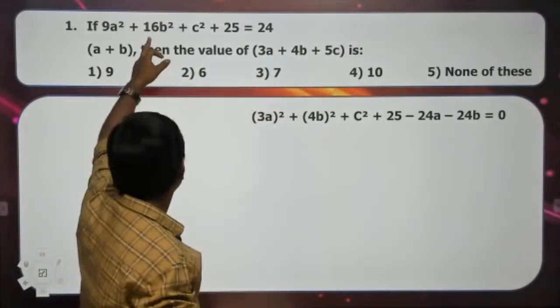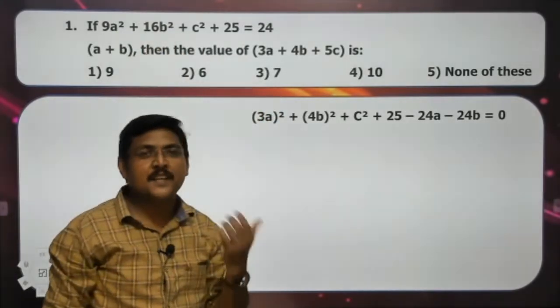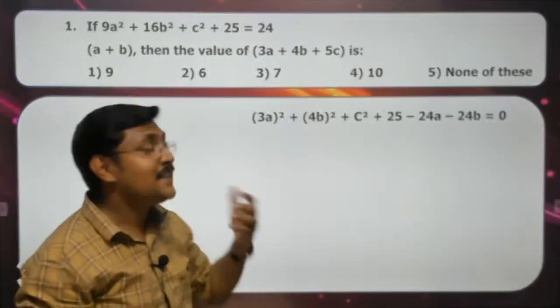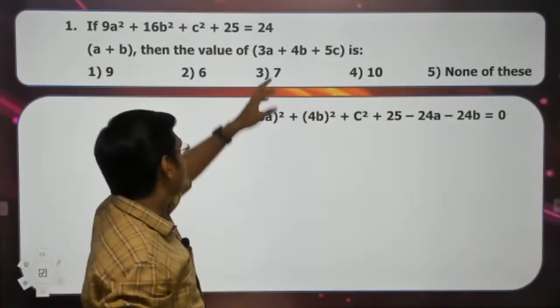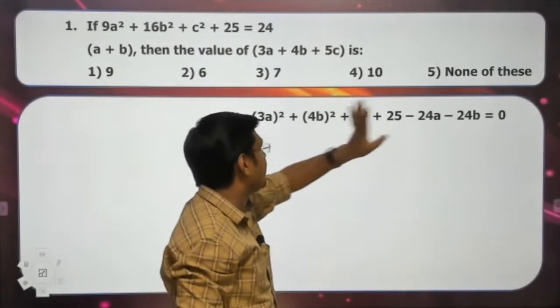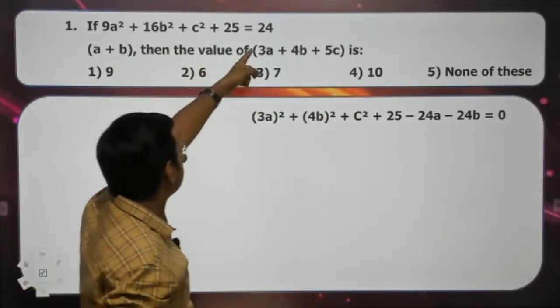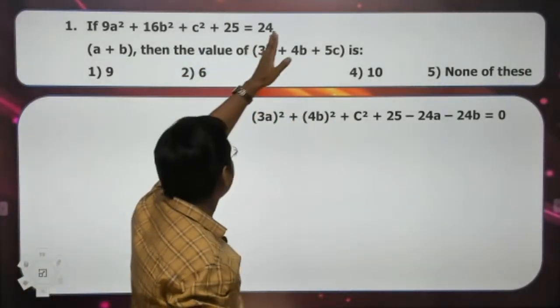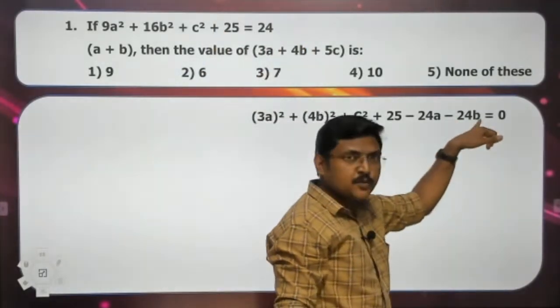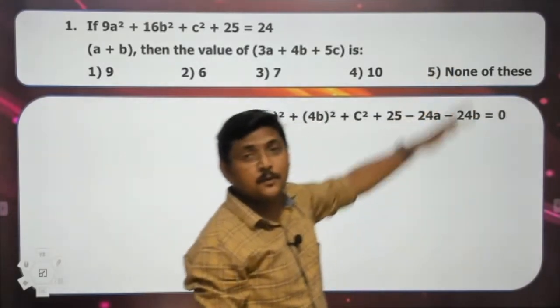Similarly, 16b square: 4 square is 16, so we can write 4b the whole square. I am writing c square as it is, and the 25 here. Opening 24a plus 24b and taking it to the left hand side, it becomes minus 24a minus 24b, which is equal to 0.